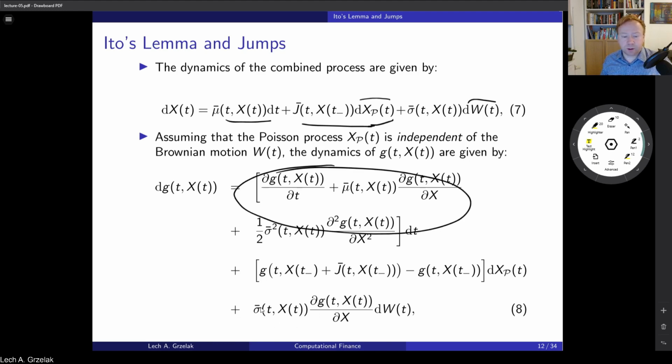Also, we have seen this part, sigma times the derivative of g with respect to x. This is also what was given, and the only part which is new in this framework is the part which includes jumps, which we also discussed slides before. Once we put all these three elements together, we arrive at the dynamics of function g in a model where we have jumps and, at the same time, a diffusion process.